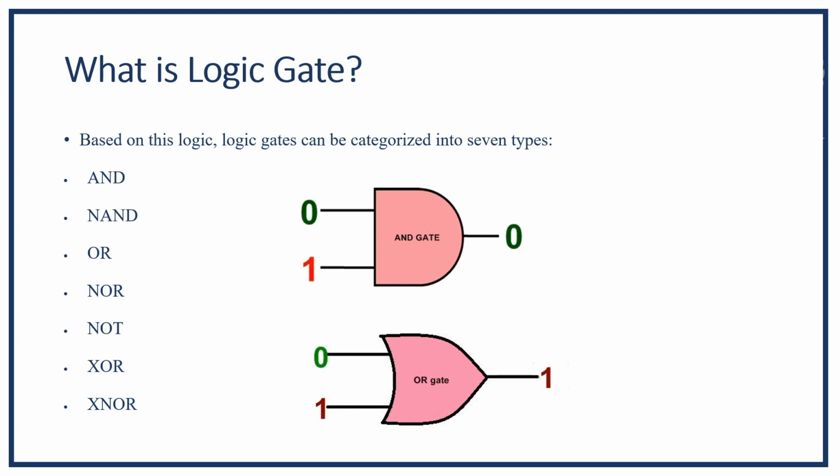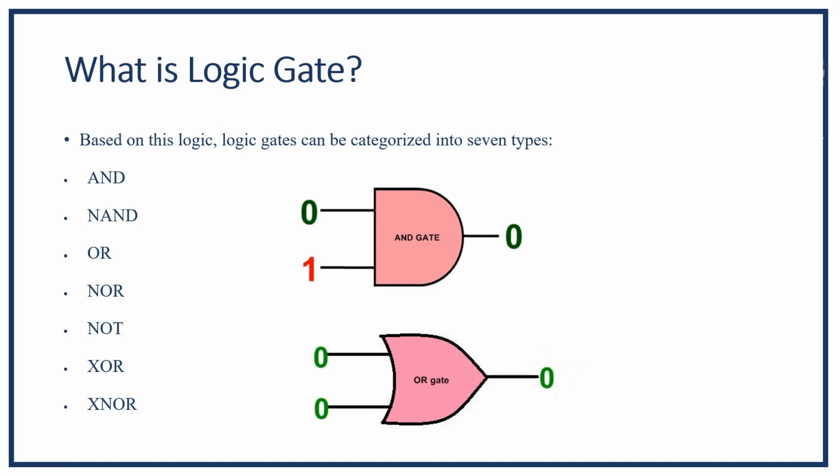Each terminal has one of two binary conditions, low or high, 0 or 1, represented by different voltage levels. The logic state of a terminal changes based on how the circuit processes the data. Based on this logic, logic gates can be categorized into 7 types: AND, OR, NOT, NAND, NOR, XOR, and XNOR.